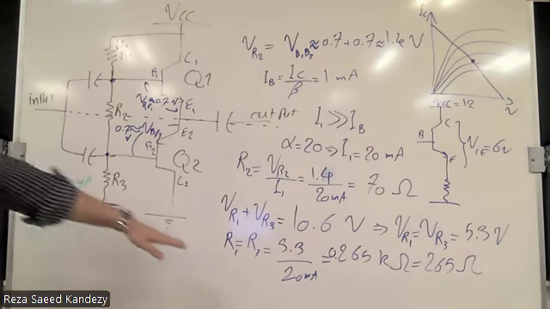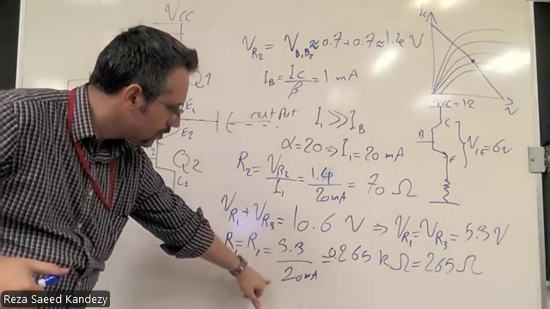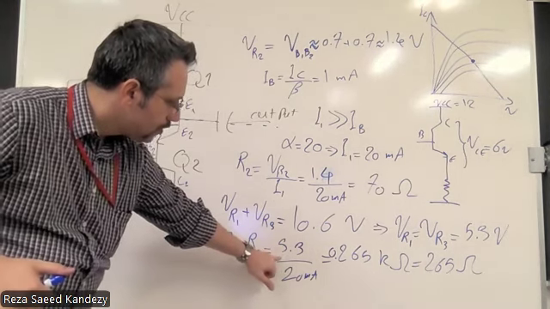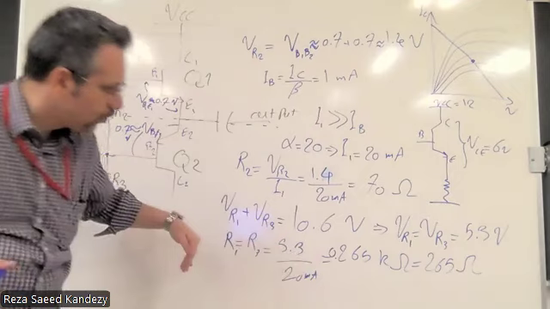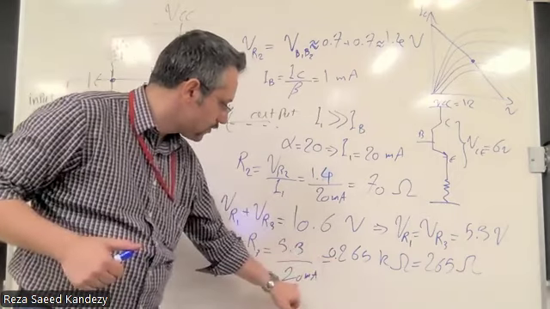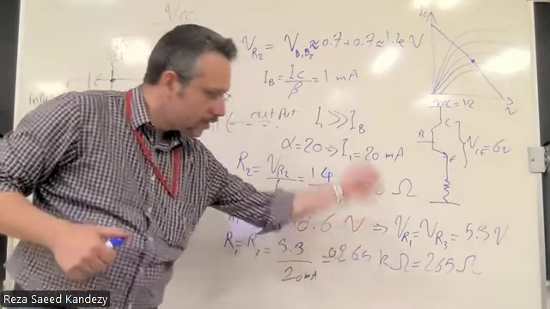Did I get it right? The calculation is right. 2.65 and one shift because of this 10. Yeah, you did it. And yeah, okay, right.